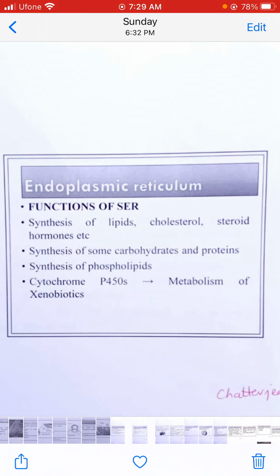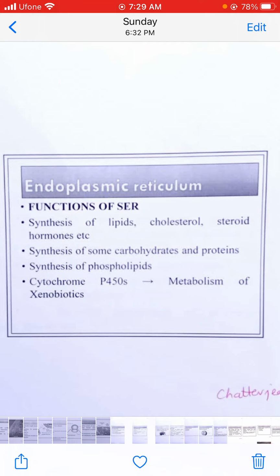Some of the phospholipids are synthesized, and one of the main functions which is frequently asked in the MCQ is the metabolism of xenobiotics. Here in the smooth endoplasmic reticulum, we have a system known as cytochrome P450 monooxygenase system.